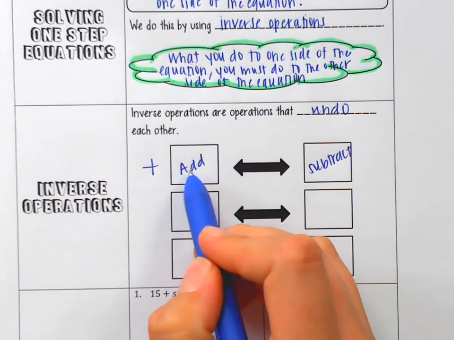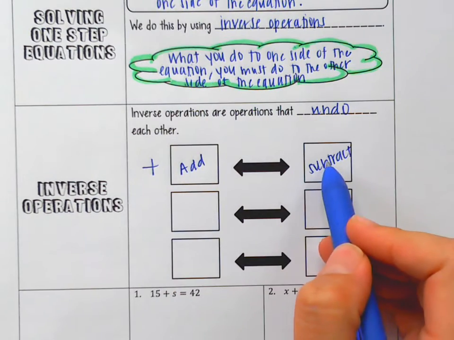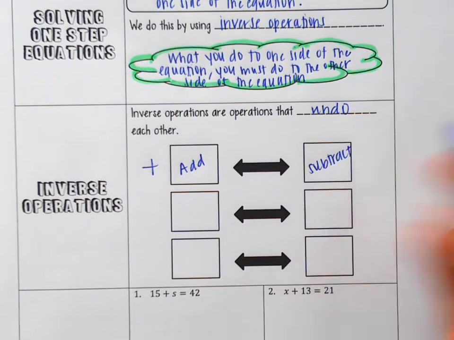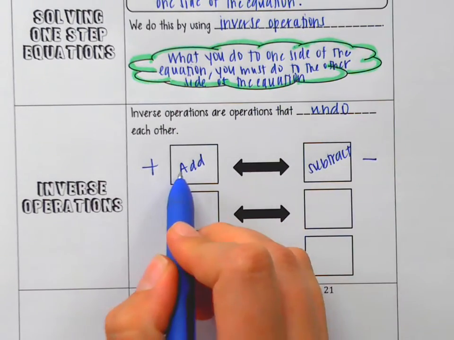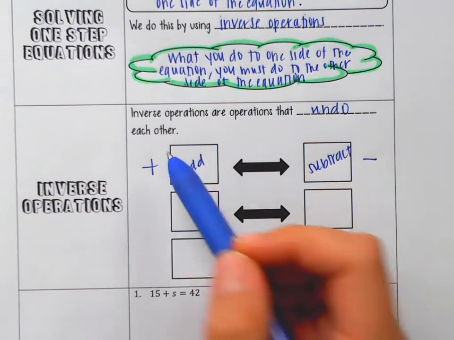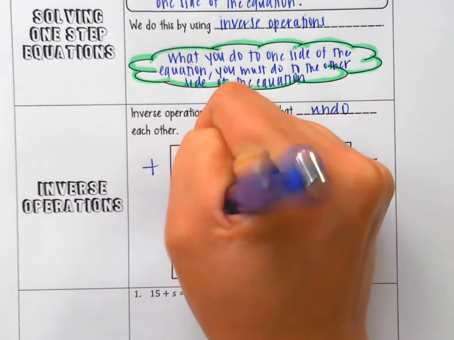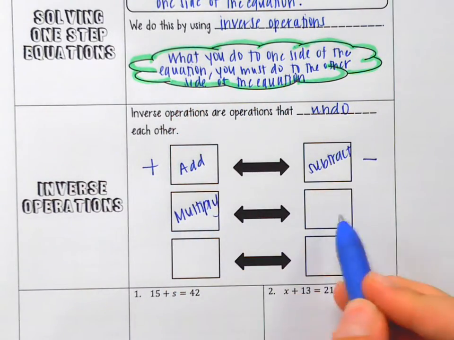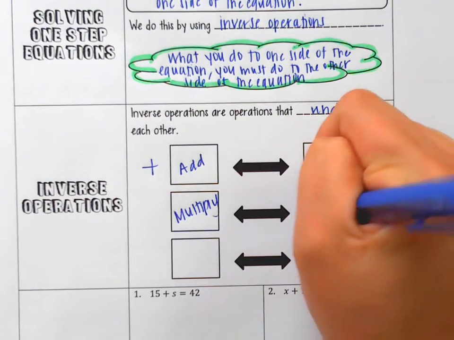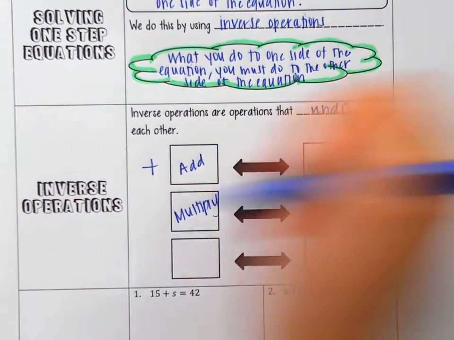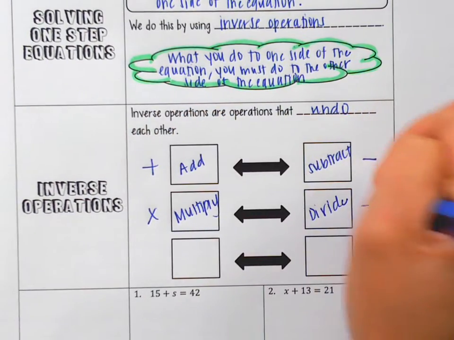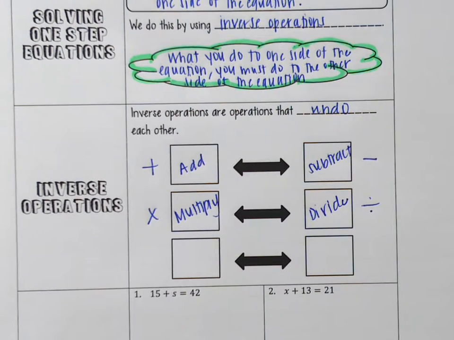So if I have something that's adding, to undo that, I would subtract it. Vice versa, if I have something that's subtracting, to undo it, I would add it. The opposite of multiplying is to divide. So when I see multiplying, I know the inverse operation is division.